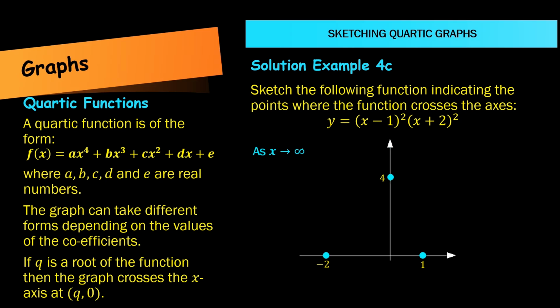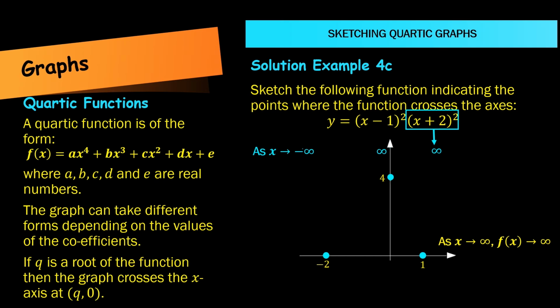Also, as x tends to infinity, (x minus 1) all squared tends to infinity, and (x plus 2) all squared tends to infinity too. And therefore f of x tends to infinity. Also, as x tends to minus infinity, (x minus 1) all squared tends to infinity, and (x plus 2) all squared tends to infinity.